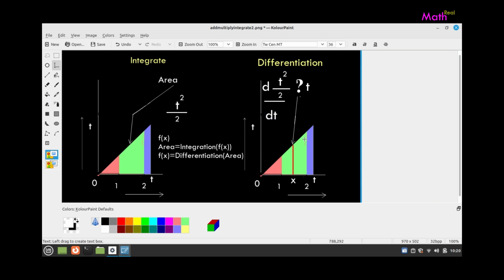This is how we denote differentiation. If that is the case, then it comes to t, because this is the reverse of the integration. So this is the concept of differentiation.